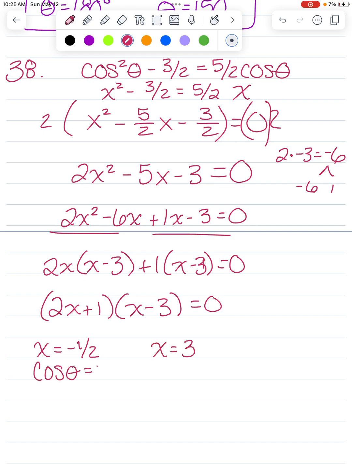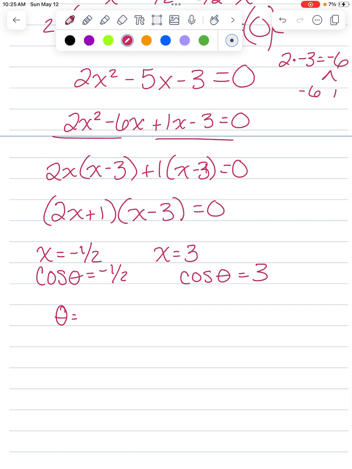But those were cosines. Cosine is a negative 1/2 at... Brain, re-engage, please. Oh, what am I supposed to be solving for? I should probably check that too. All theta in radians. So cosine is a negative 1/2 at 2 pi over 3 plus 2 pi k, where k is an integer.